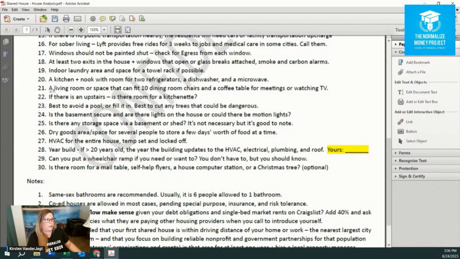Number 21 is a living room or space that can fit 10 dining room chairs and a coffee table for meetings or watching TV. And so I'll give you an example. One of the shared houses that we looked at early on was a really nice 4-bedroom, 2-bath. They had put up a divider for the dining space.